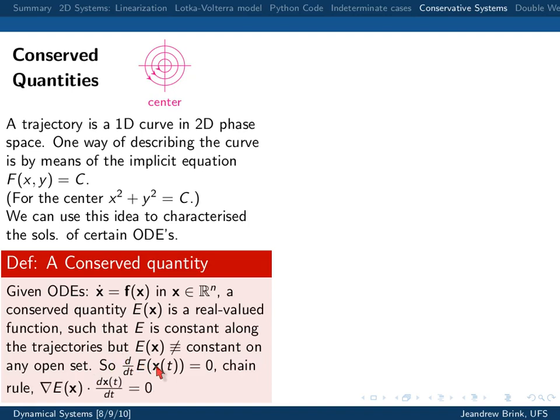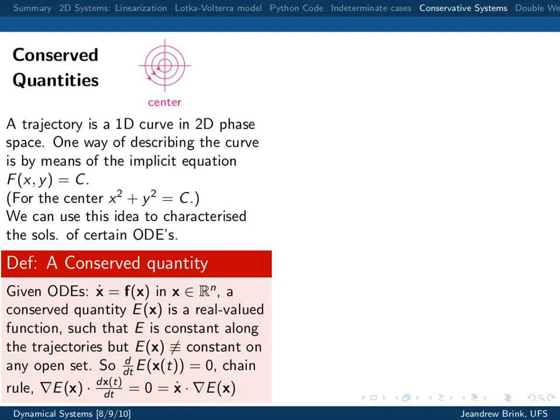And using the chain rule, we can write it as follows, right? d/dt E is simply the gradient of E, in other words, the derivative with respect to all the x's, dotted with dx/dt, which is basically x dot, which is effectively f, must be 0. Okay, very powerful tool. If you can find these E's, you can say a lot about your trajectories.